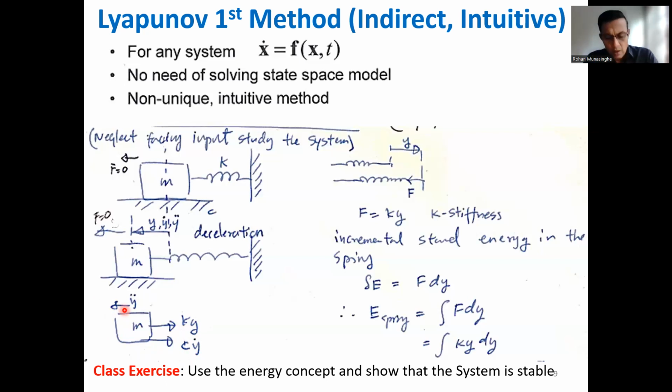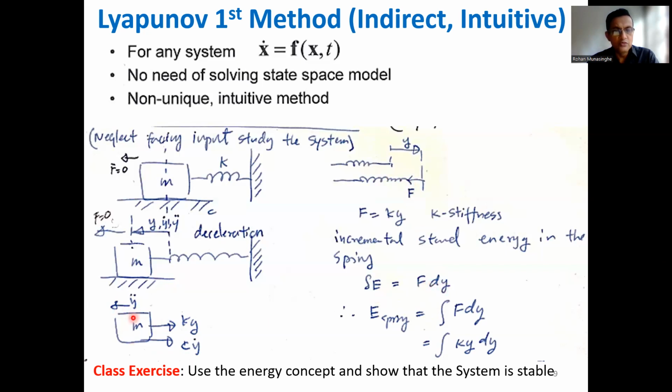Now, one way of analyzing the stability is to look at the stored energy. Okay, stored energy. A very small energy stored in the mass because of the spring is actually the force of the spring times dy.